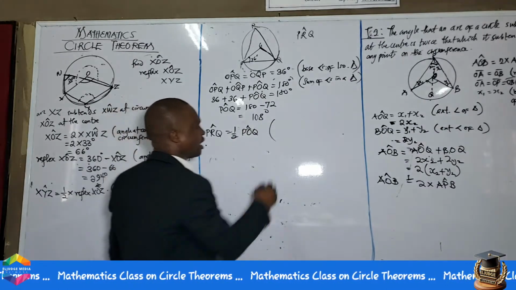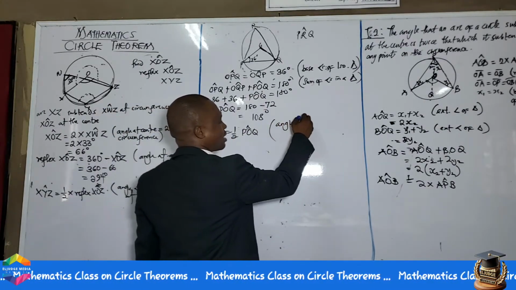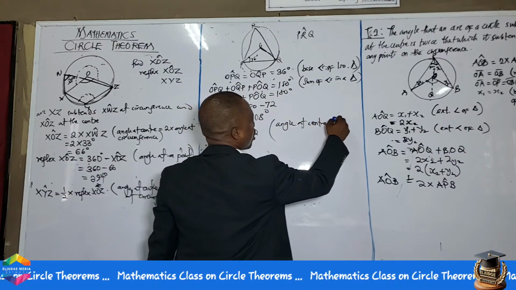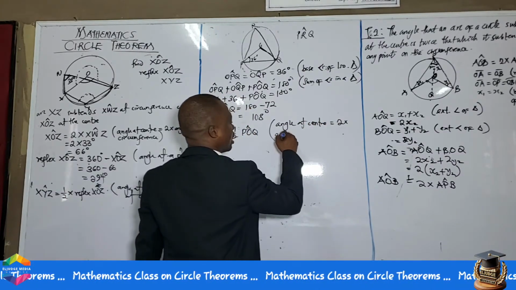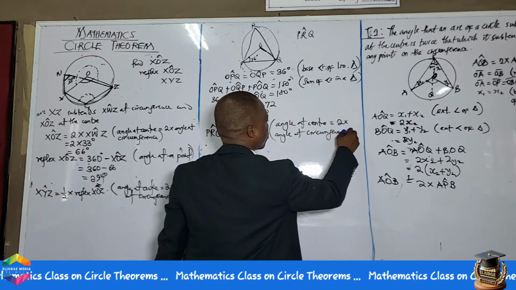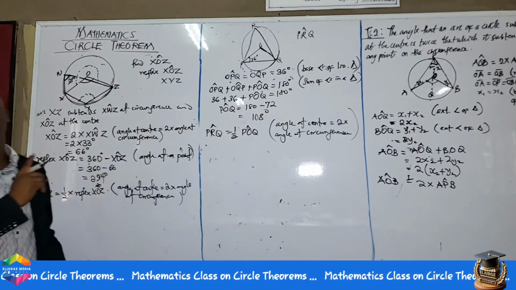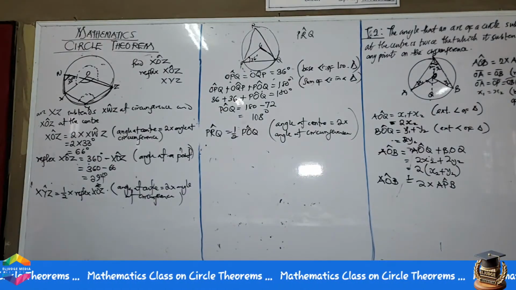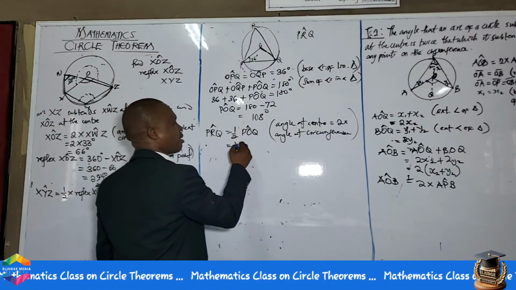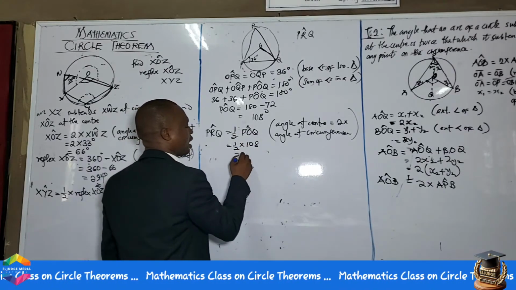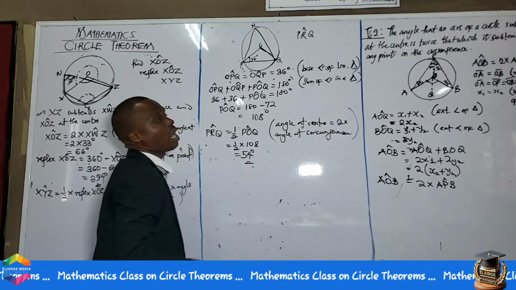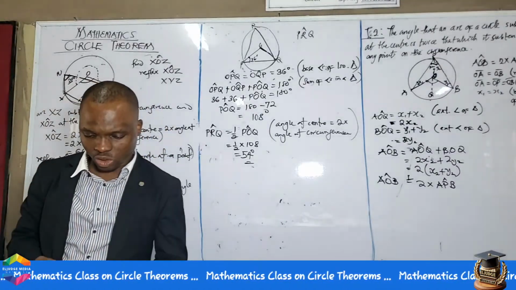Then you tell them the reason: angle at center equals 2 times angle at circumference. I'm always saying this is very important for you to write when you are solving circle theorems. So we have this equals half times 108, and that should give us 54 degrees. And that's all that they have asked us to do.